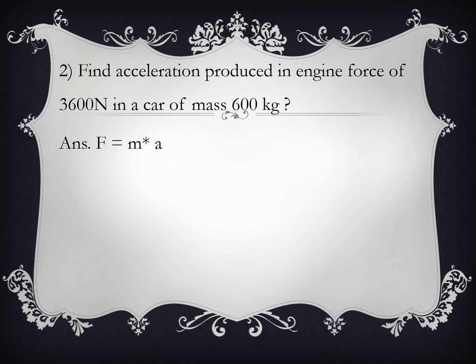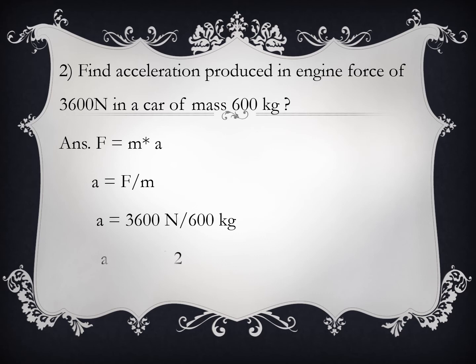So shift this m from the right hand side to the left hand side, so a equals F upon m. Now plug in the values: a equals 3600 Newton upon 600 kilogram.